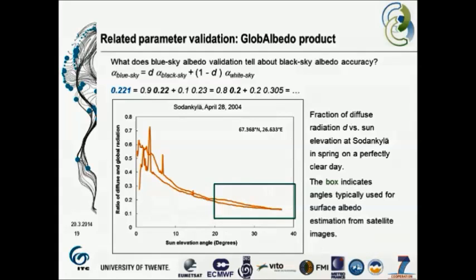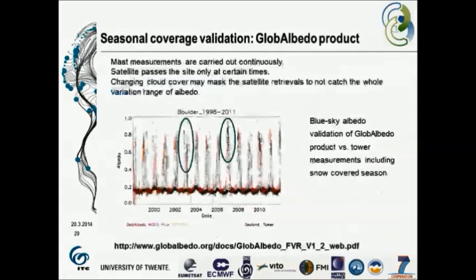But still there is this variation of the ratio of diffuse and global radiation from 10% to 20%. So this is something one has to take into account. It's again the polar areas that are the difficult ones because of the sun elevation.